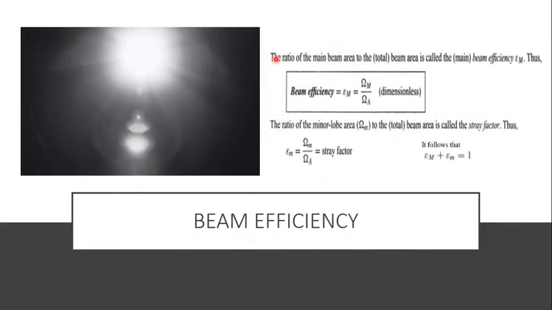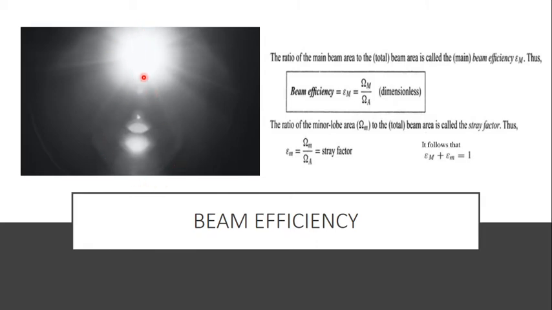The next parameter is the beam efficiency. What do you mean by beam? So we saw that the radiation contains certain patterns. We have the main lobe, the major lobe, the side lobe, the minor lobe and such patterns. Now beam efficiency means we are going to find the ratio of the main beam area.